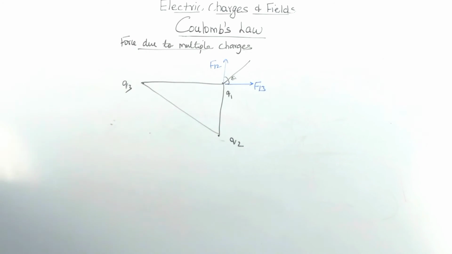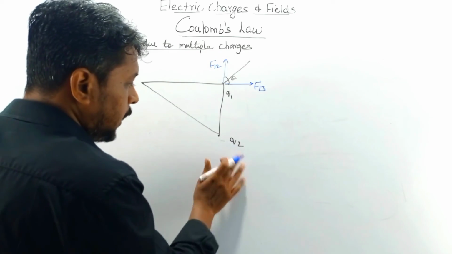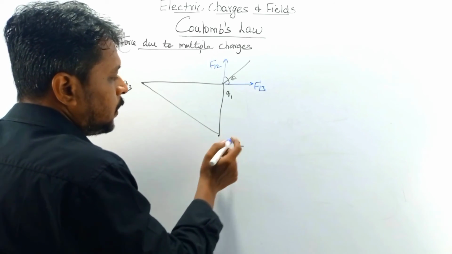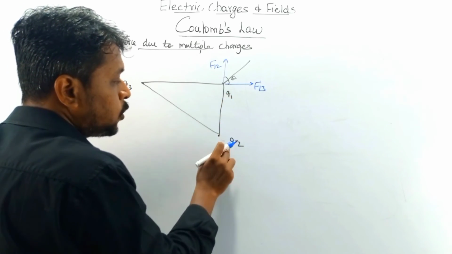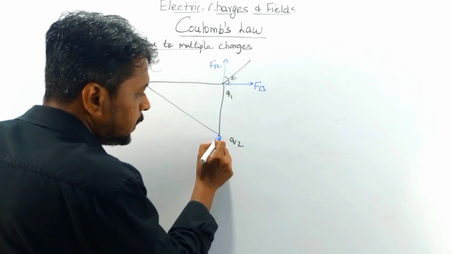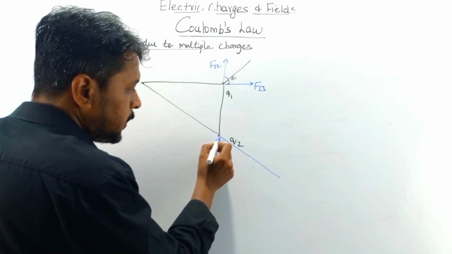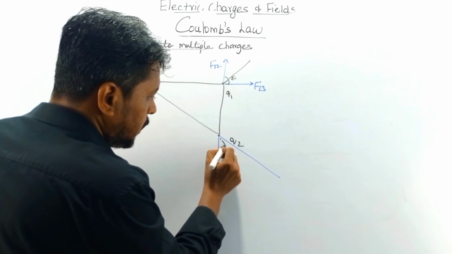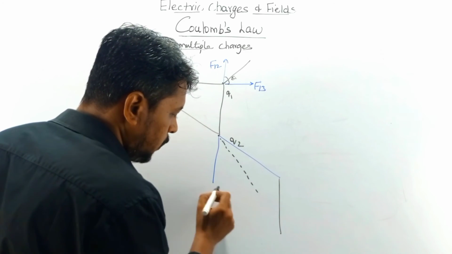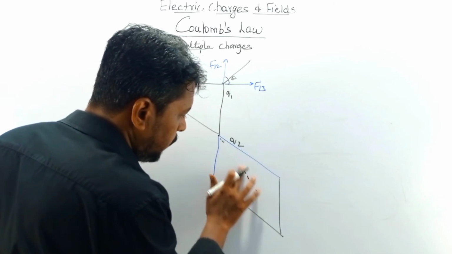This is also one of the methods of finding the resultant force acting on the charges. Similarly, we can find the resultant force on Q2. With respect to Q2, the force due to Q1 will be in this direction and due to Q3 in this direction, so the resultant will be in this direction.